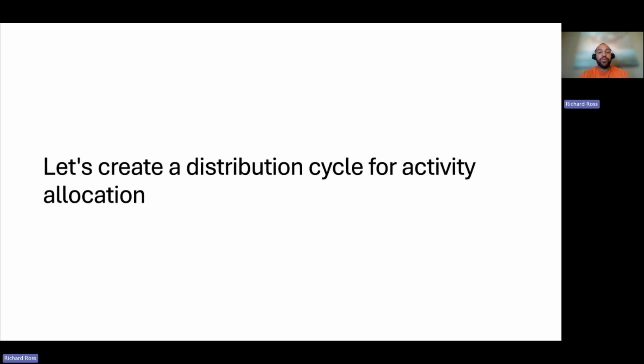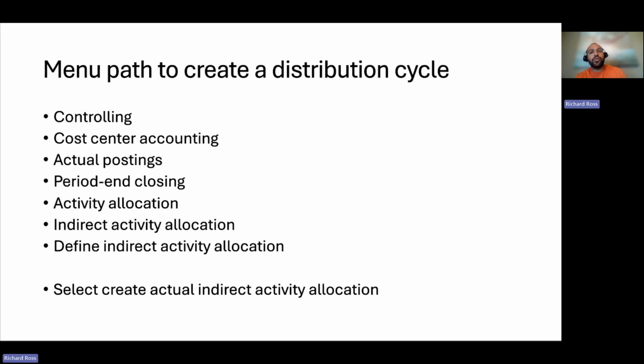Let's create a distribution cycle for activity allocation. Menu path to create a distribution cycle. Controlling, cost center accounting, actual postings, period end closing, activity allocation, indirect activity allocation, define indirect activity allocation. Select create actual indirect activity allocation.